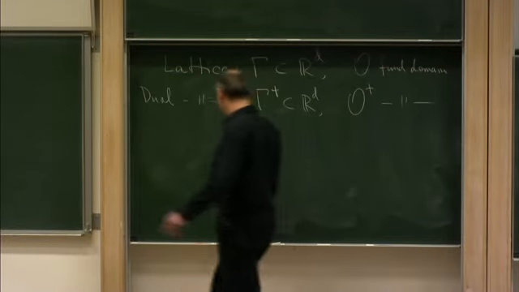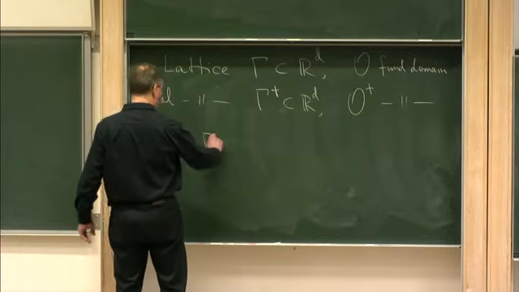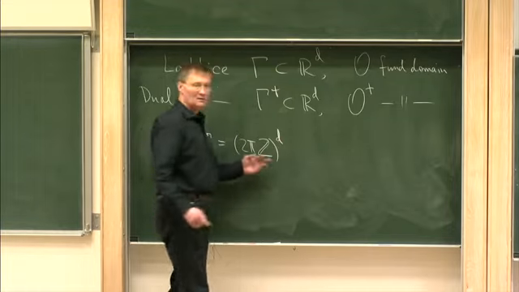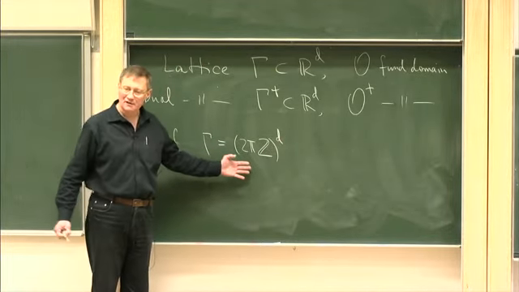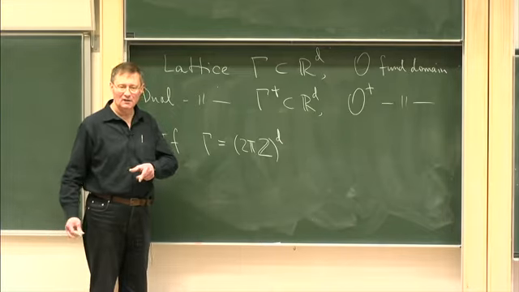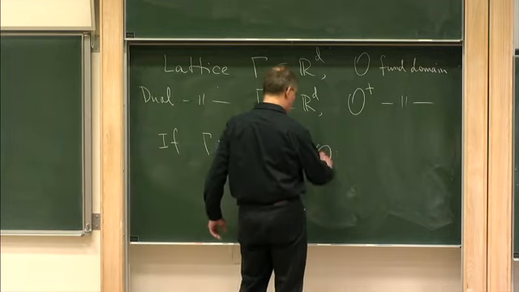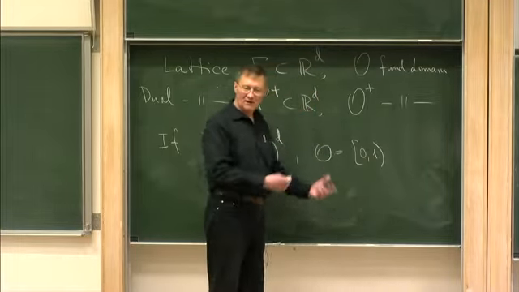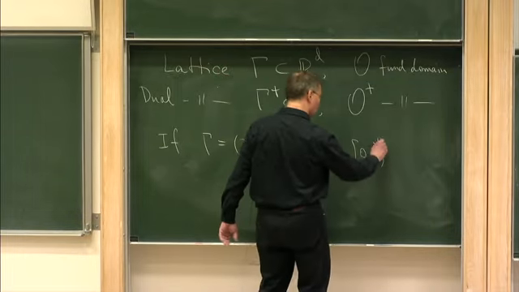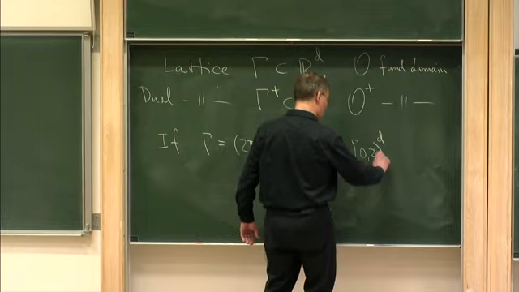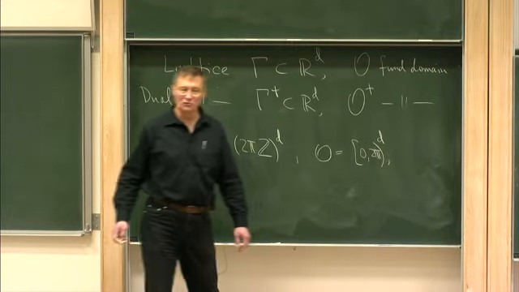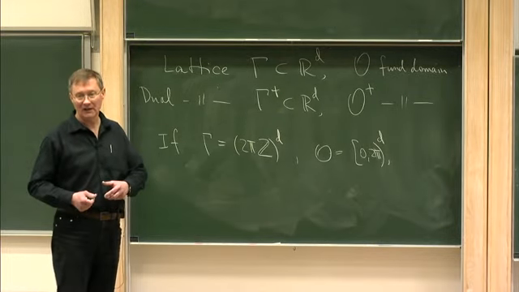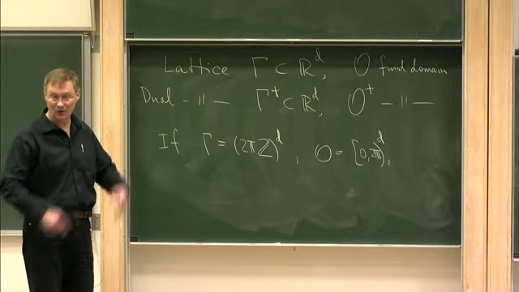What is a fundamental domain? If you take this domain and shift it by vectors of the lattice, you will tile the entire space without overlaps. That's the definition. There are many choices of fundamental domains. I will not worry too much about this multitude, and I will just choose some standard domains. For example, if Gamma is 2 pi Z^d, the cubic lattice, then the fundamental domain will be just a cube, one side open, one side closed, of side 2 pi. If you shift it by vectors of length 2 pi along the coordinate axes, you tile the whole space.